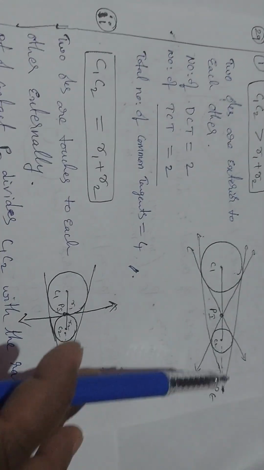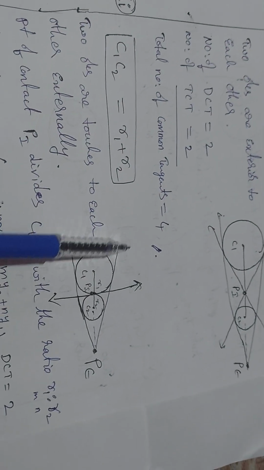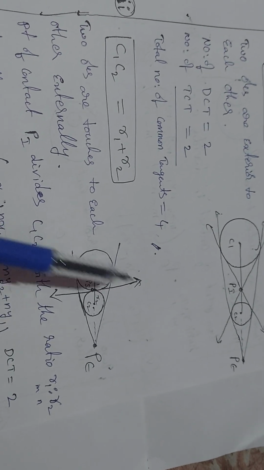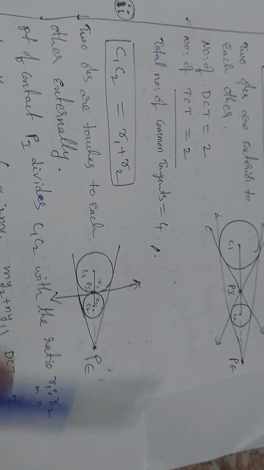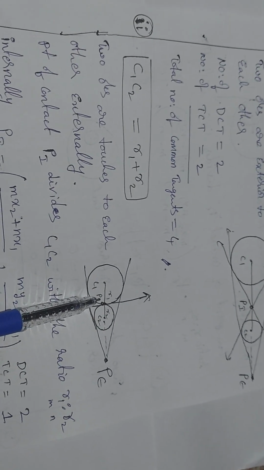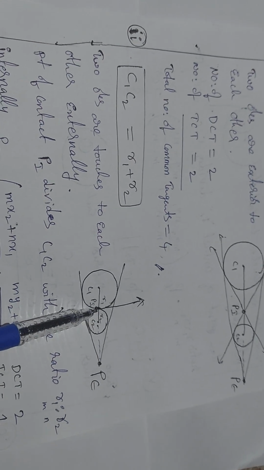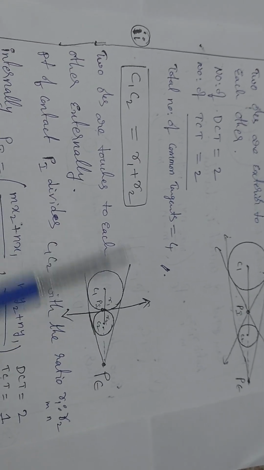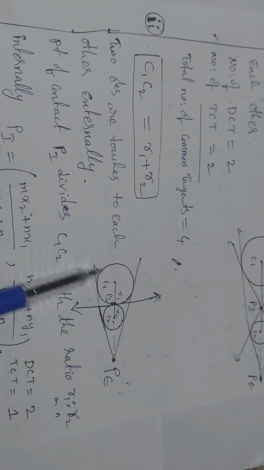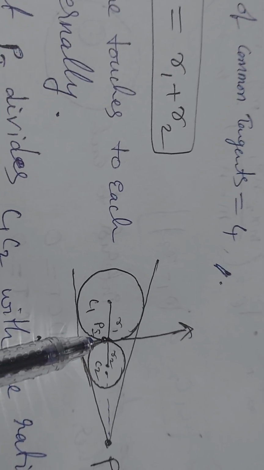Next, if two circles come together like this position, there are two tangents and one more tangent, so these are DCT, this is TCT, one is on the left side, one is on the right side. So what position are these two circles in? Touching each other externally, but at the point of contact, it is in between.